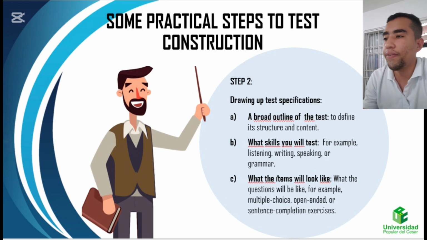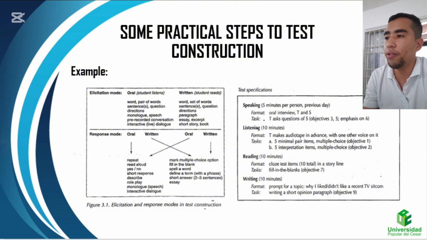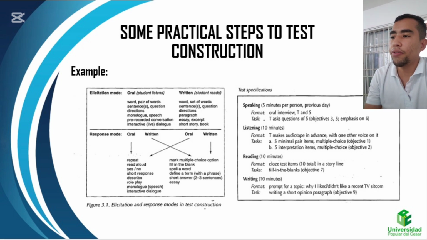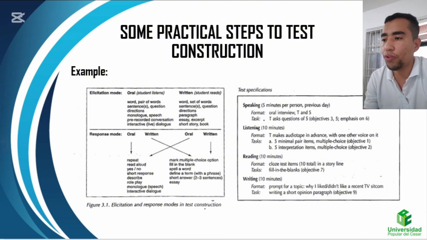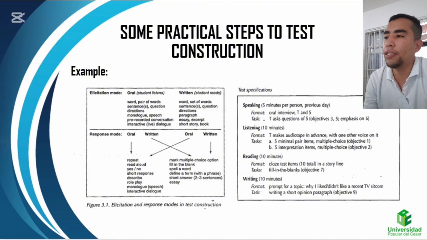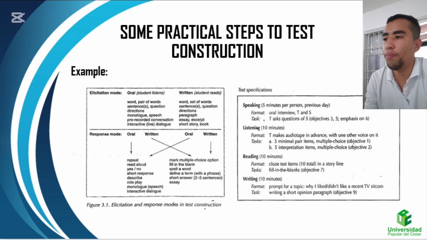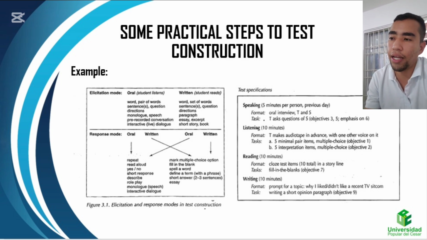Finally, we have this example evaluation model for our students. As you can see in this method, or modes of the test construction, sorry, we can start with words, past to words, sentences, questions, directions, monologue, speech, pre-recording, conversation, interactives, and dialogue.